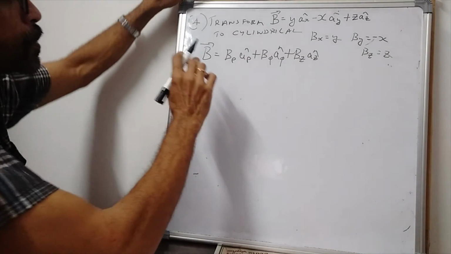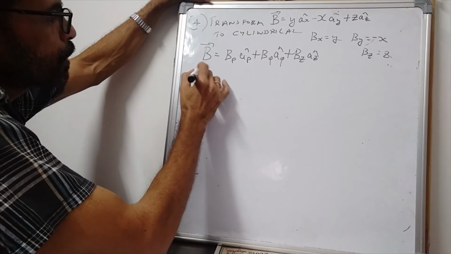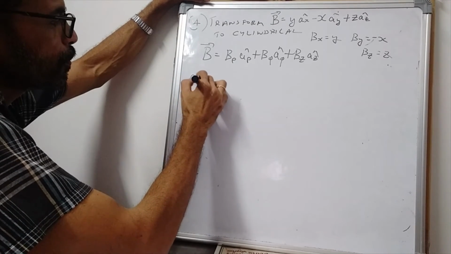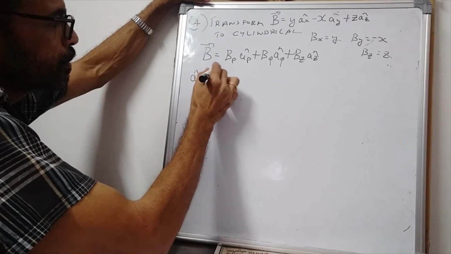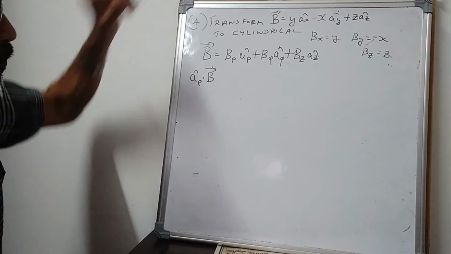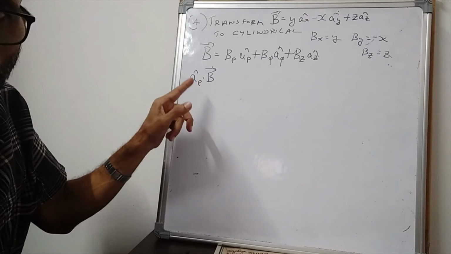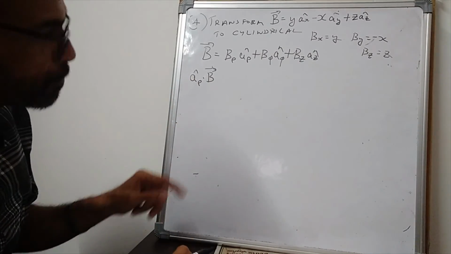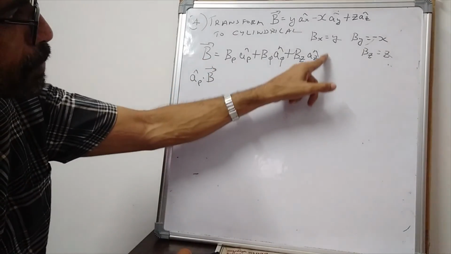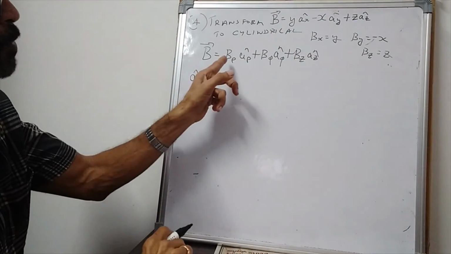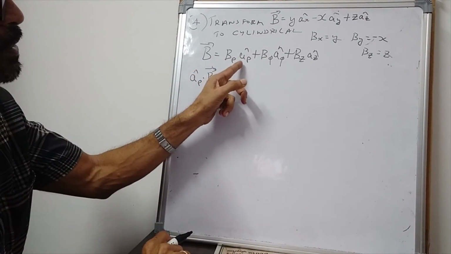So to get b rho, what we need to do first is take a dot product of a rho cap with vector b, and you can see clearly that that will give us b rho. If I take a dot product here with arrow cap, I will get b rho.